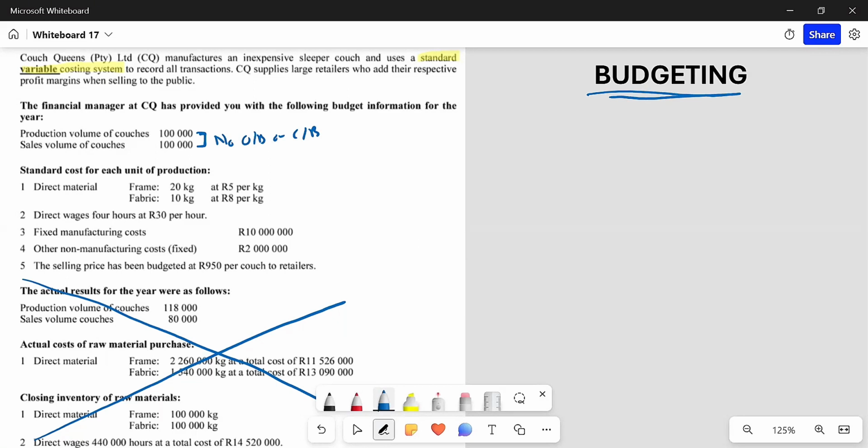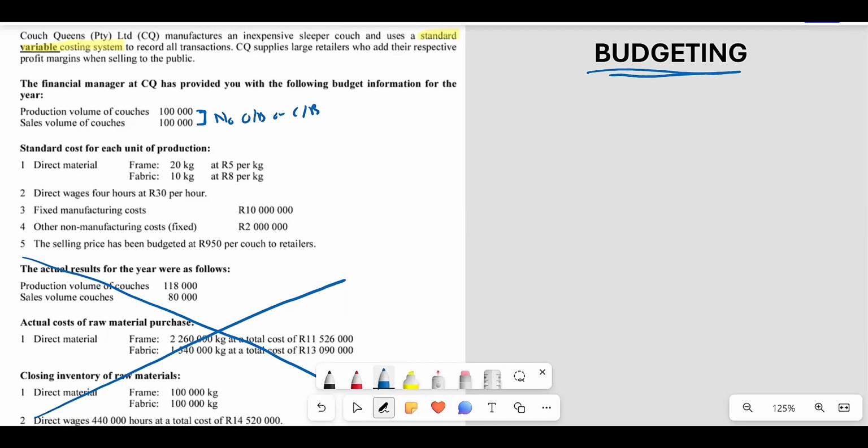So there can't be any closing stock, and therefore we won't take into account fixed cost for the closing inventory. So this is a simple question because all your costs would be part of cost of sales. I think I'm losing you on that one, but let's do an example and all of you will understand. Okay.